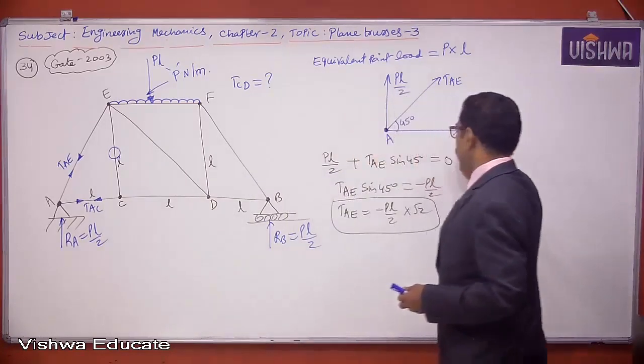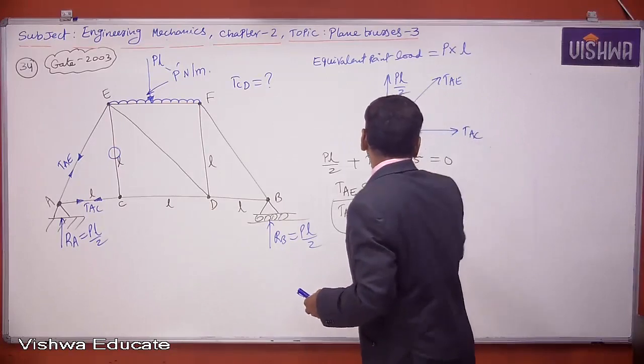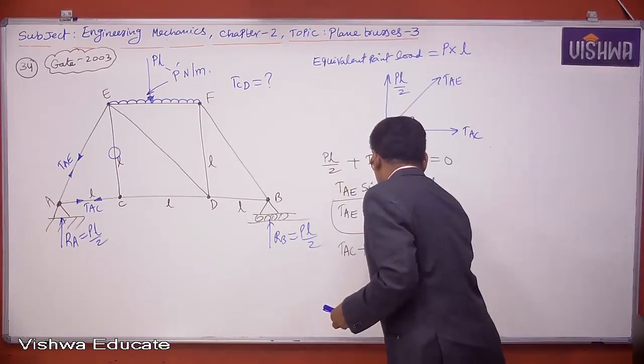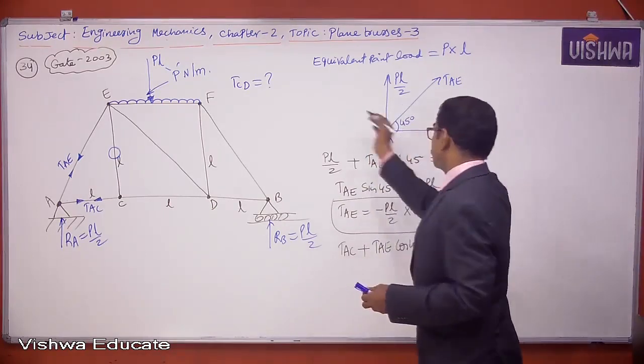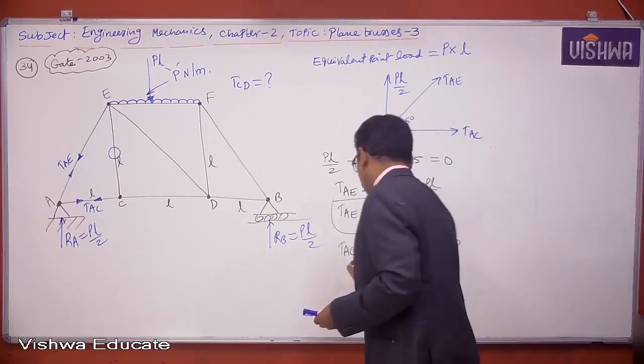Then sum of rightward components equals sum of leftward components. Rightward components: TAC plus TAE cos 45 equals 0. There is no leftward component here. We know TAE, right?